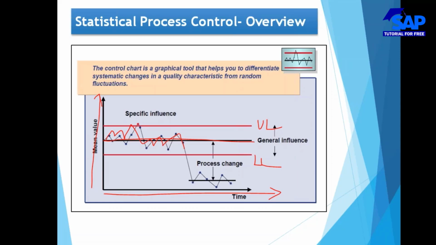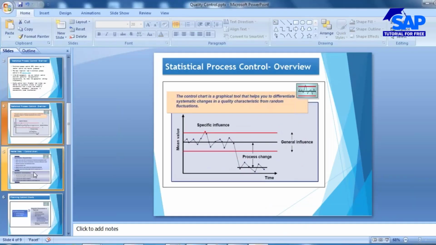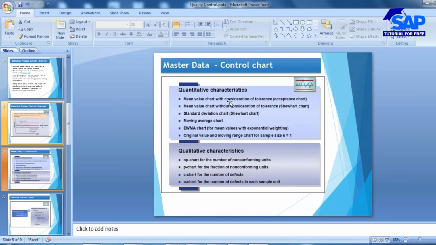How they are behaving, you analyze using this quality control chart. That's what you do in statistical process control. You can generate statistical process control for both quantitative characteristics and qualitative characteristics. Both you can generate.